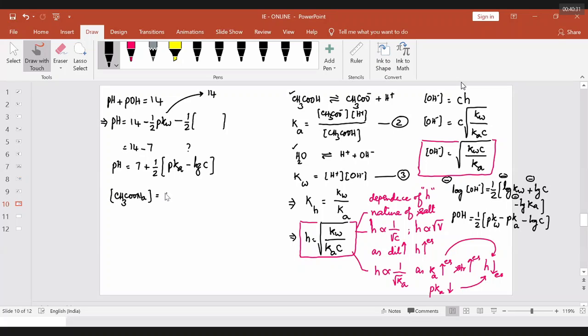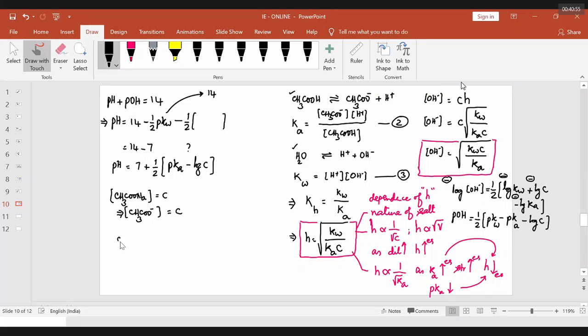Suppose the concentration is C, as we have done in a buffer. Same story here. Who is undergoing hydrolysis, sodium ion or acetate ion? I don't care about sodium ion, sir. Therefore, I'll take care of this one. Concentration of acetate ion is equal to C. Therefore, people say this C is the concentration of salt.